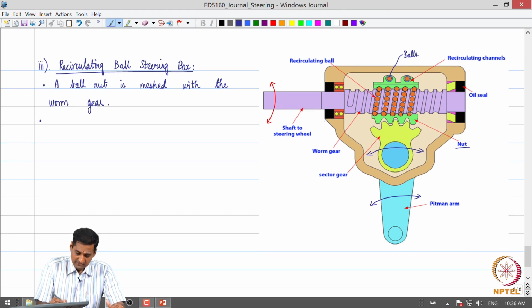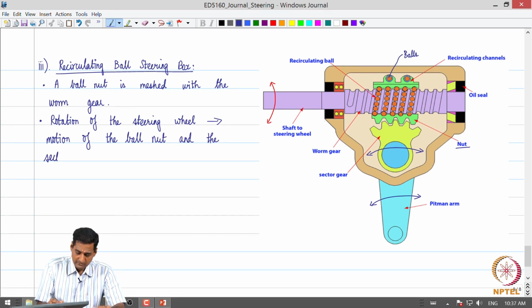So, what is the path of the energy transfer? We can immediately observe that rotation of the steering wheel results in rotation of the ball nut, and the sector gear, which results in the rotation of the Pinion arm.